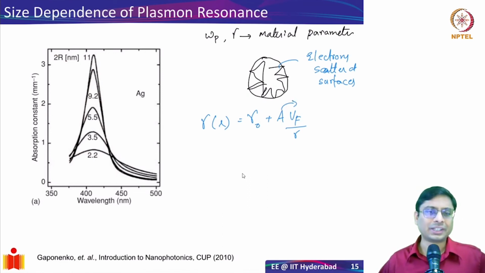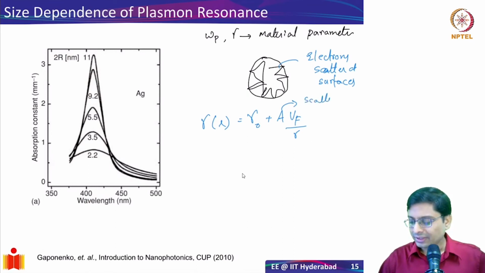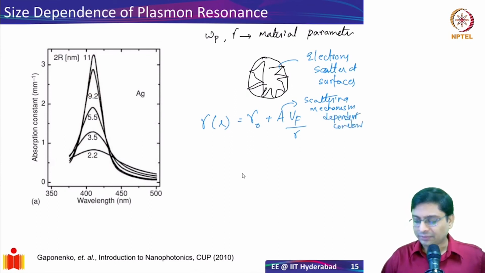They call it a phenomenological constant, essentially to capture the scattering mechanism. It is a scattering mechanism dependent constant. For example, it is a roughness parameter, how much is that, and so on, you can compute. And then Vf is the Fermi velocity.